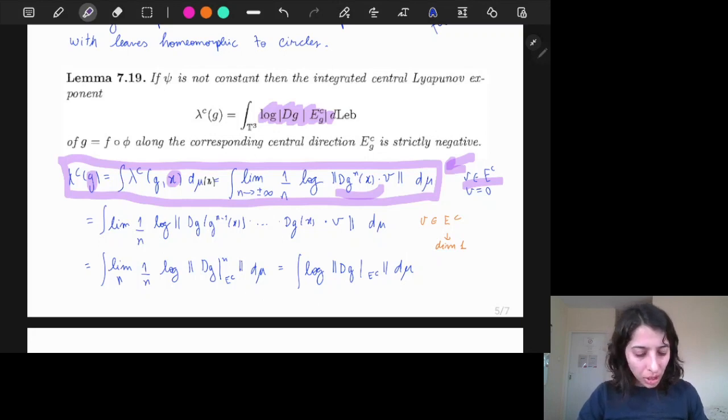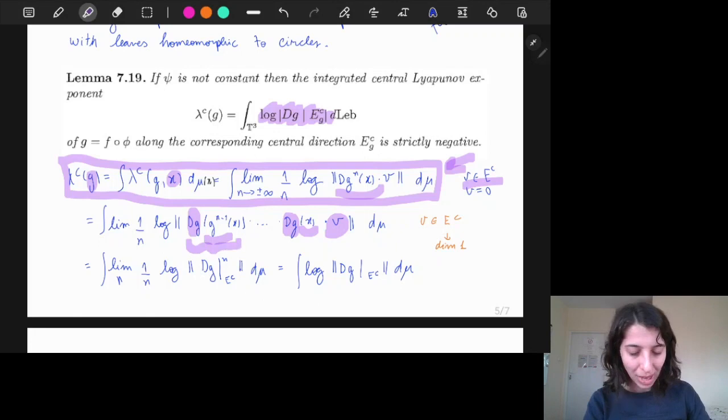And we can use the chain rule to open this derivative as a composition of maps on the center space. But the center space is one-dimensional, and these maps are linear. So they have the same value on any point of the base. So this is a constant.